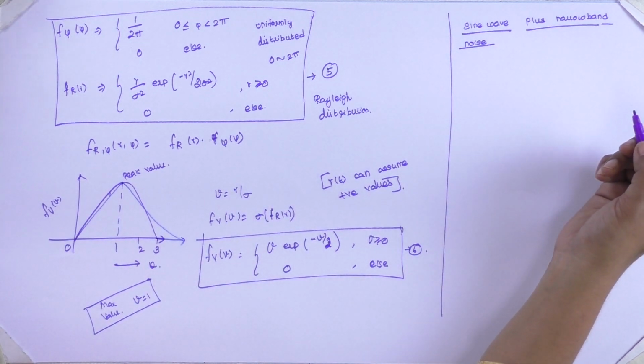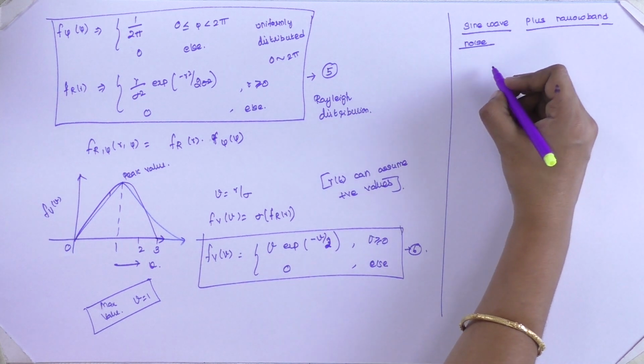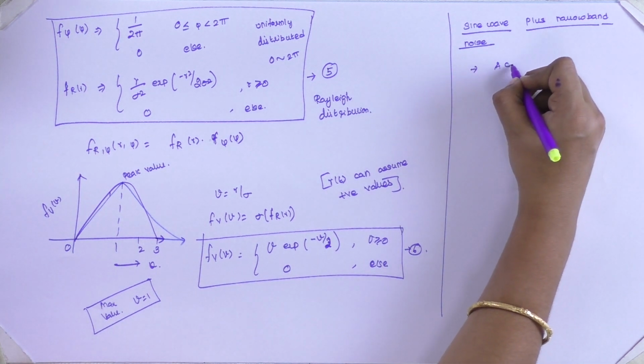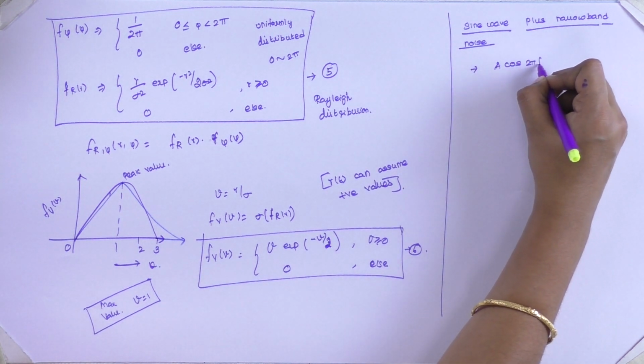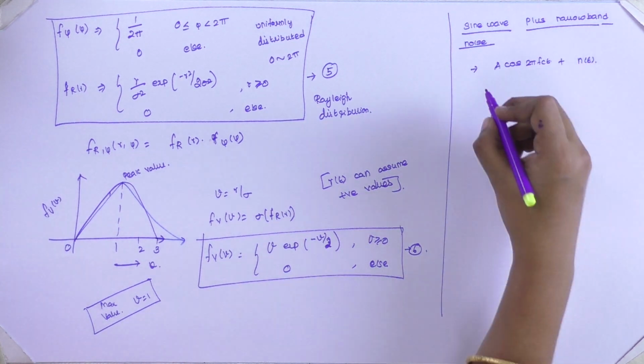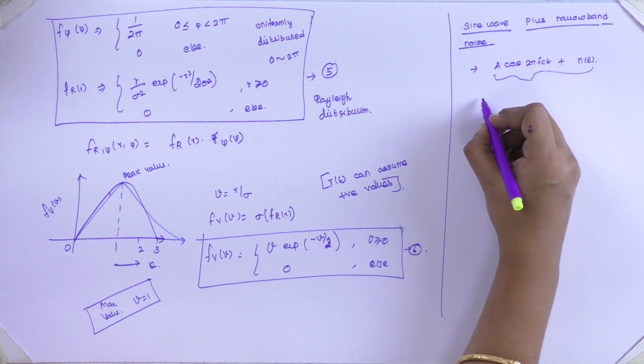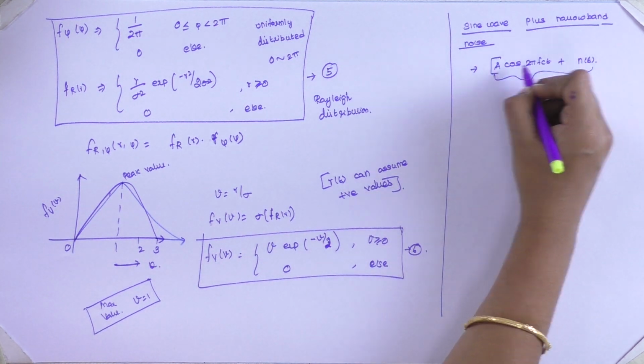What will happen if we add a sinusoidal or cosine component to the narrowband noise? For example, consider a sine wave component A cos 2πf_c t. If this is added to the narrowband noise and we pass this as an input, what will happen? We have to represent n(t) in terms of this input function.